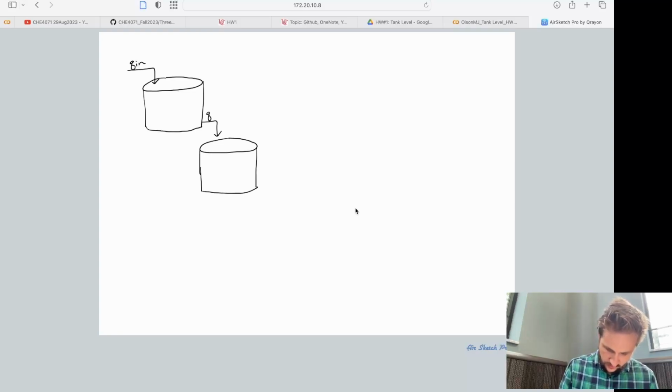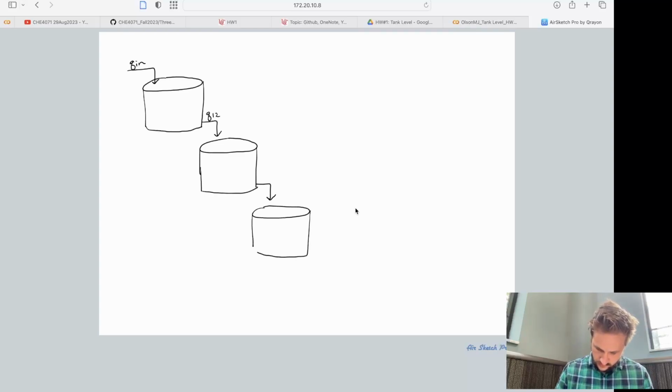That is going from Q1, tank 1, into tank 2. And then we have our third tank. And that is tank 2 going into tank 3 and Q3 leaving the system overall.